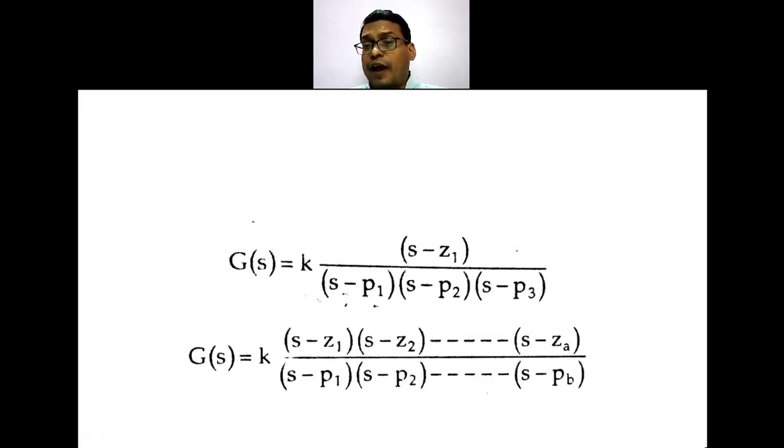All the values of S for which the numerator becomes 0 are considered open loop zeros. And if the denominator is 0, then the transfer function value becomes infinite. So all the roots of the denominator become your poles.